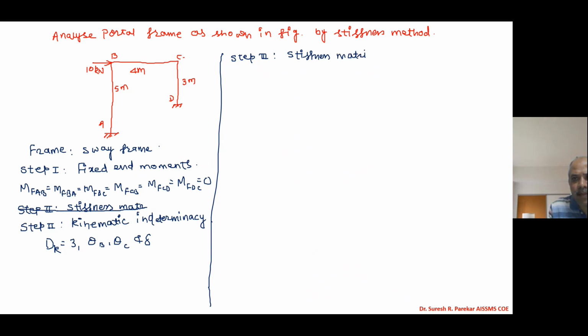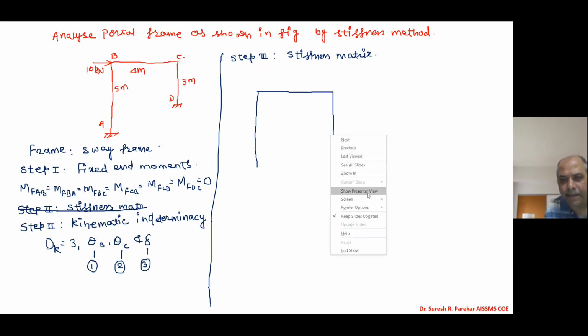Now we have to apply the values one by one as 1. So we have theta b as number 1, theta c as number 2, and delta as number 3. First we will apply theta b equal to 1. This will be the frame, and then we apply theta b equal to 1.